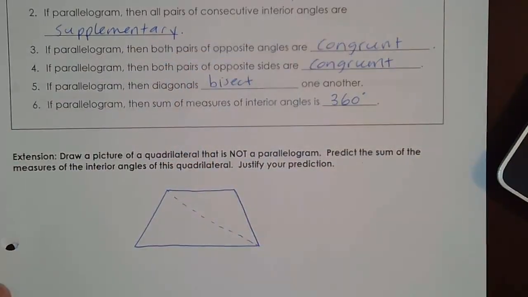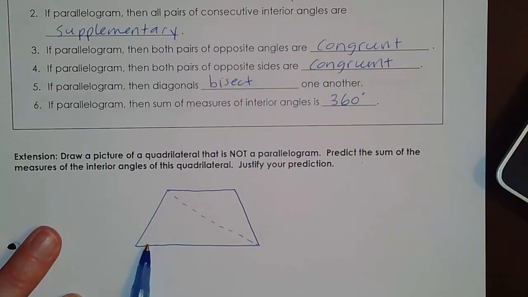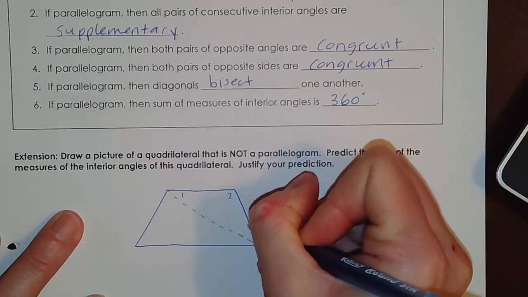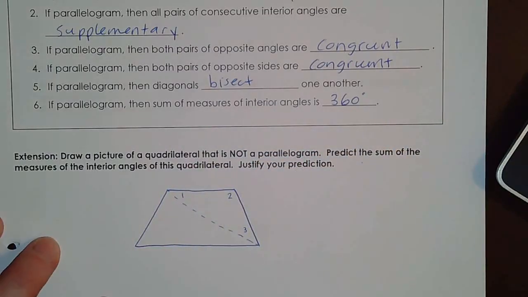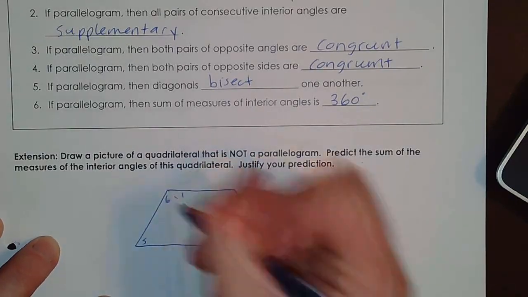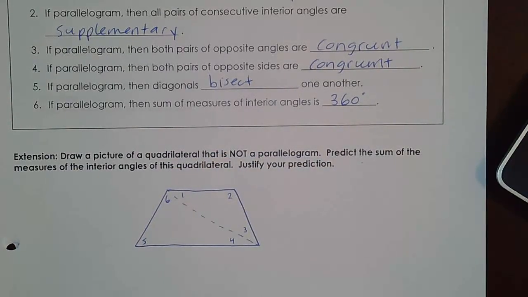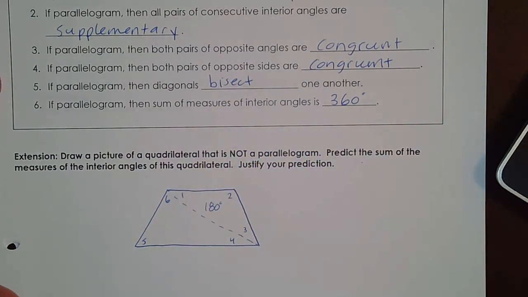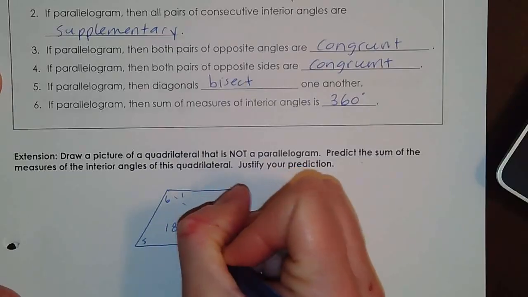And what two shapes do I have? I have a triangle here and a triangle up there. I'll call this angle 1, angle 2, angle 3, and I'll call this angle 4, angle 5, and angle 6. It really doesn't matter. But I know from the triangle sum theorem that this top triangle is 180 degrees, and again, this bottom triangle is 180 degrees.